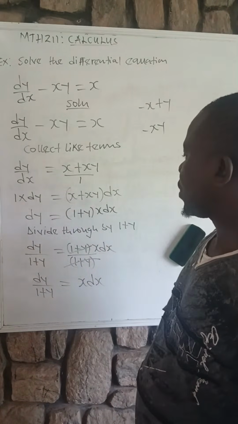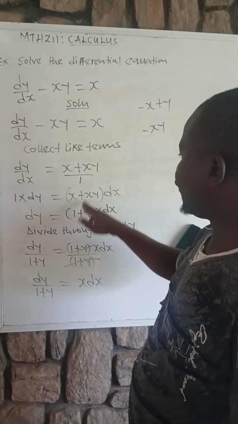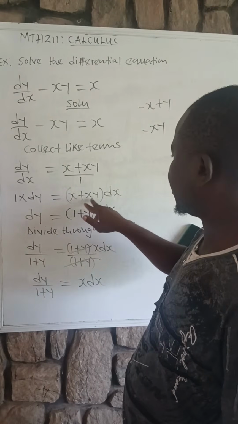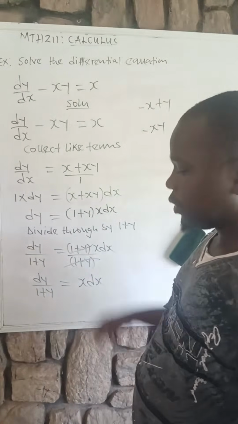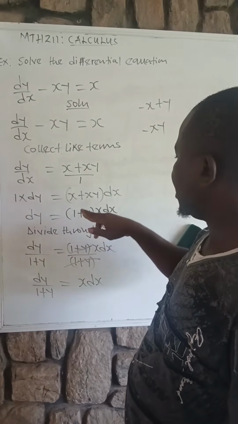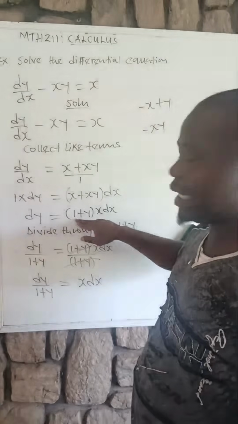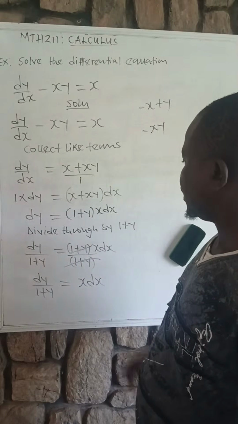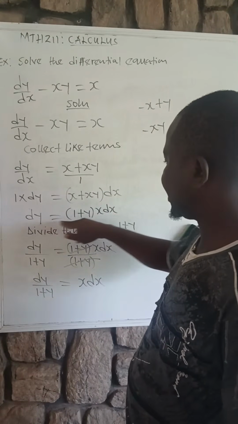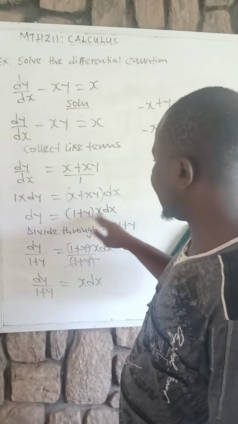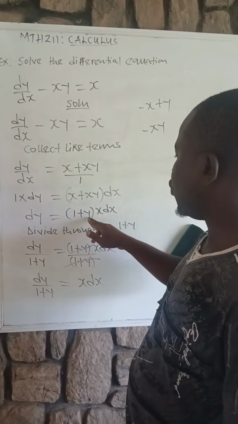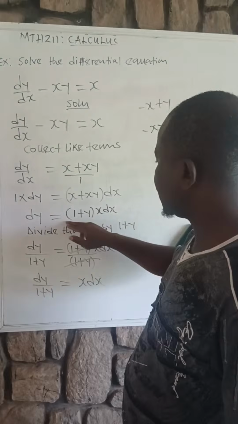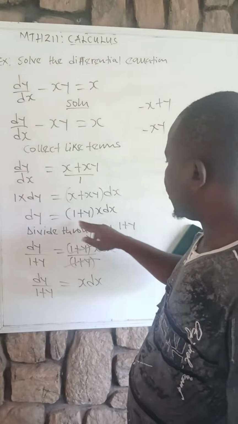Look at it. So now, before you are able to integrate, you factor out what is common here, x, true or false. So when you factor out x, this is what you are going to have inside the bracket: 1 plus y, close the bracket, x dx. Then we cannot integrate this as it is, because on the right hand side, you are still seeing y mixed up with x dx, true or false. So you need to divide through by what? 1 plus y.